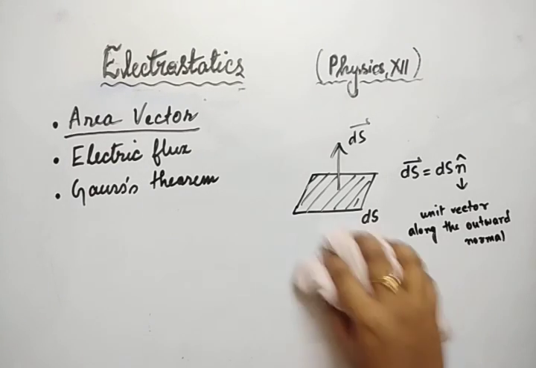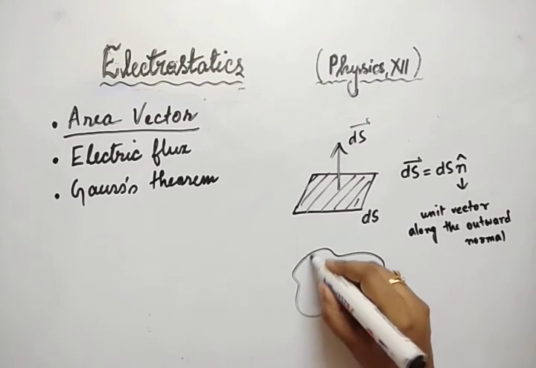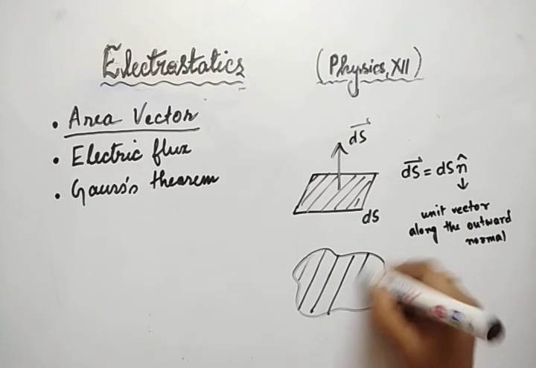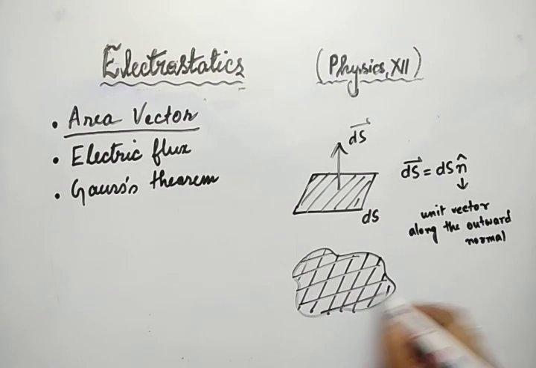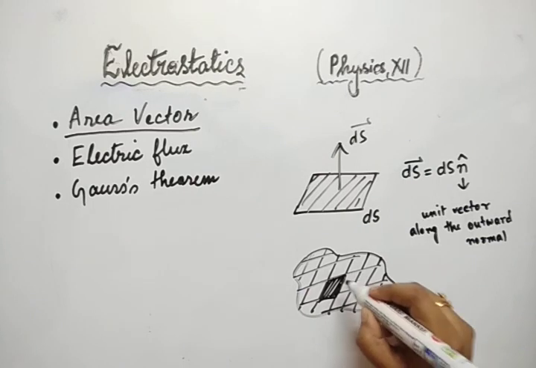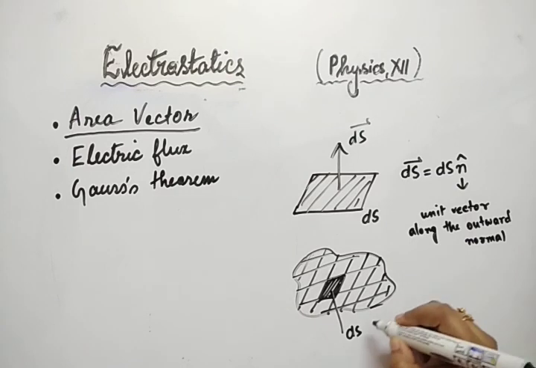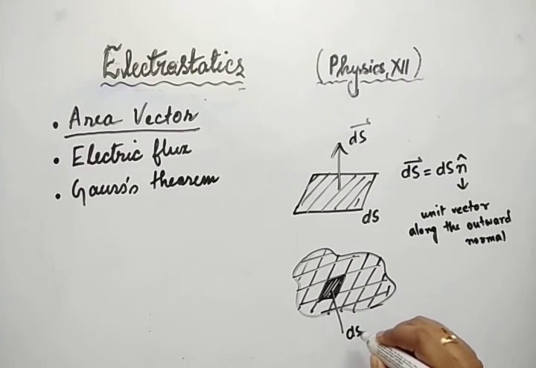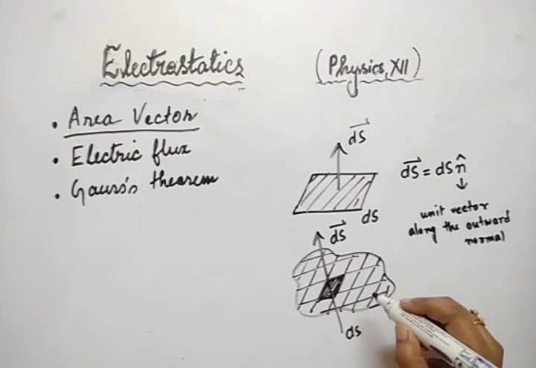Now if an area is curved, how can we represent its area vector? We can divide it into segments, and suppose we take a small portion of area ds, and it will have a normal in this manner.